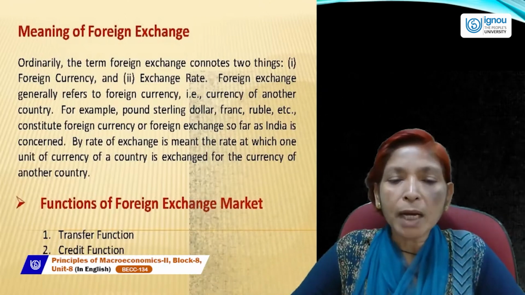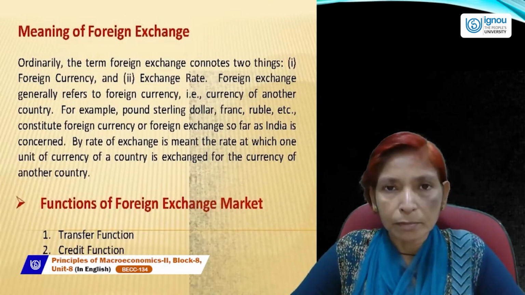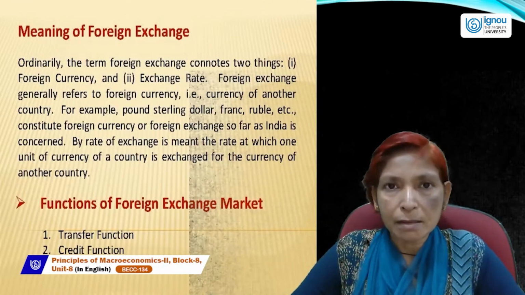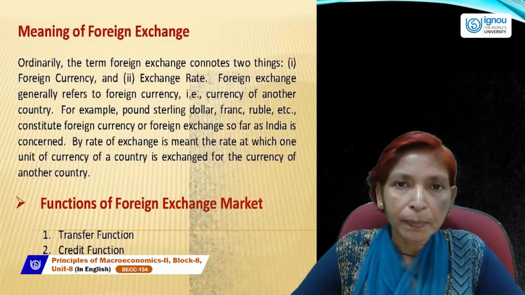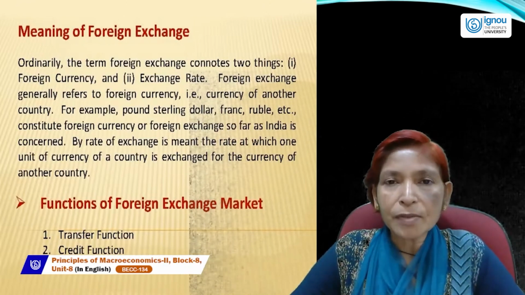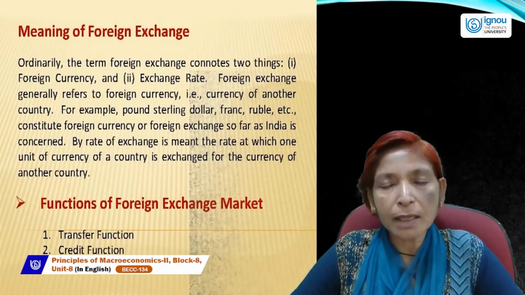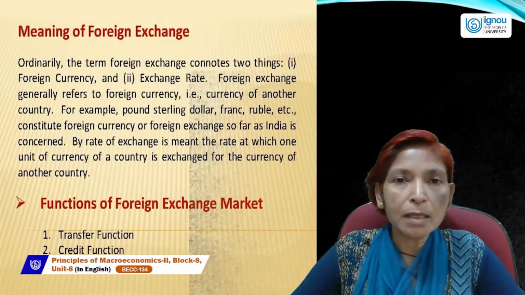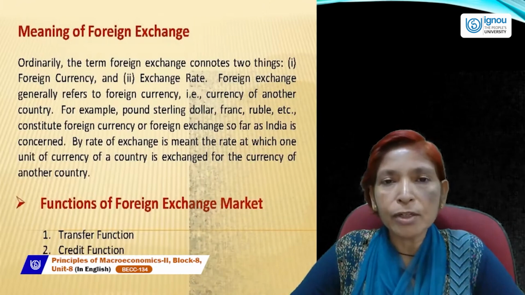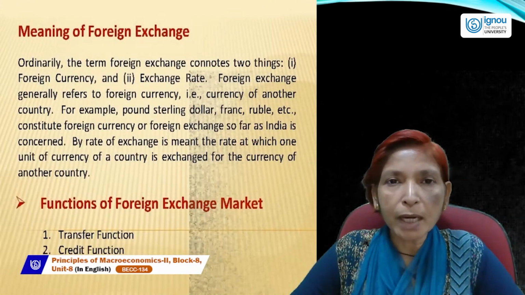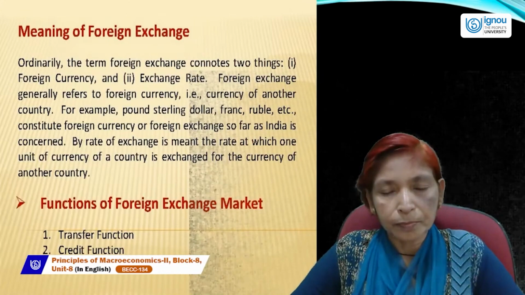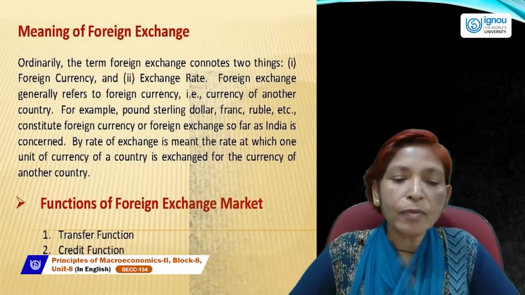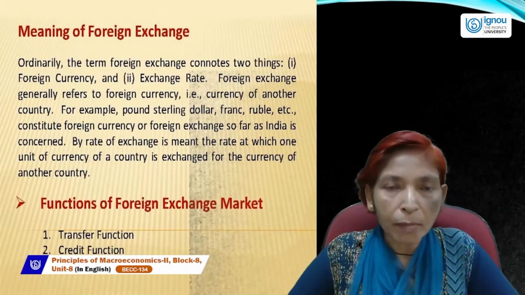Same as a market is a system, a market is a place where buyers and sellers meet together. Same as you have studied about perfect competition market, monopoly market, monopolistic competition market, oligopoly market in microeconomics 2, foreign exchange market is also a market.